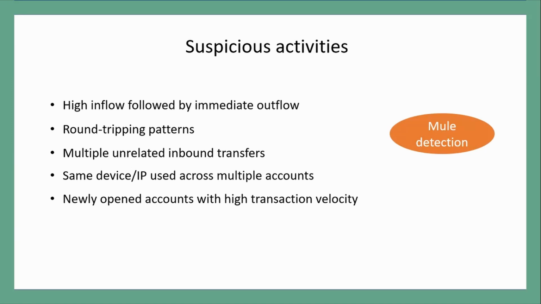And if there is a newly opened account with high transaction velocity, then that also is a suspicious activity, because whenever we open a new account in normal circumstances, we don't immediately start using it in a very heavy manner.